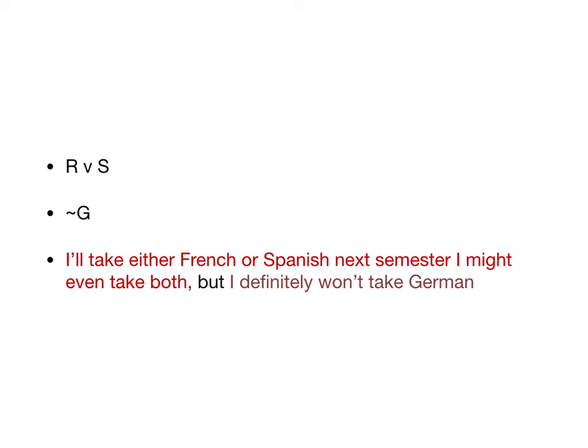Well, I definitely won't take German, not G, right? Not the case, not true that I will take German. So we've got everything here except this last one, this but. Remember, we symbolize but usually the same way with the and, with this conjunction connective. So R or S in parentheses and not G.